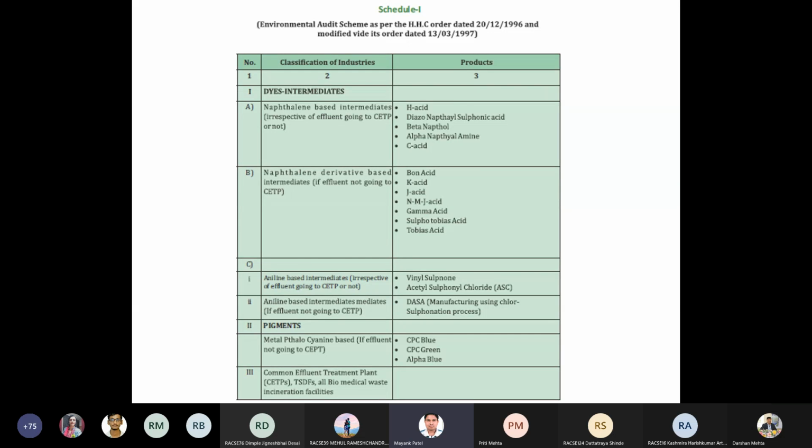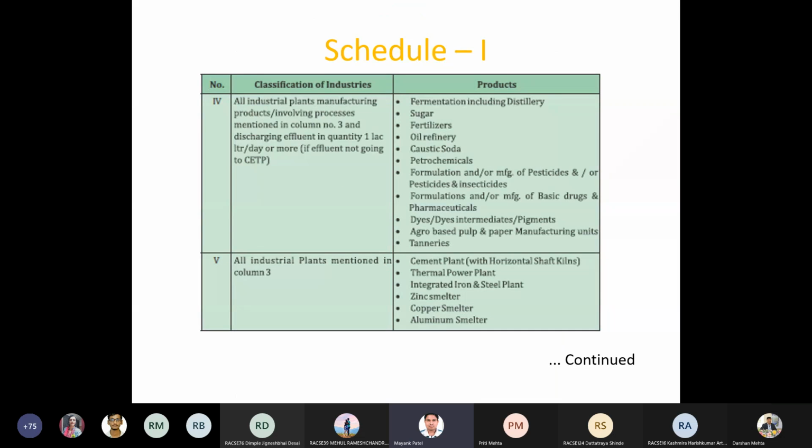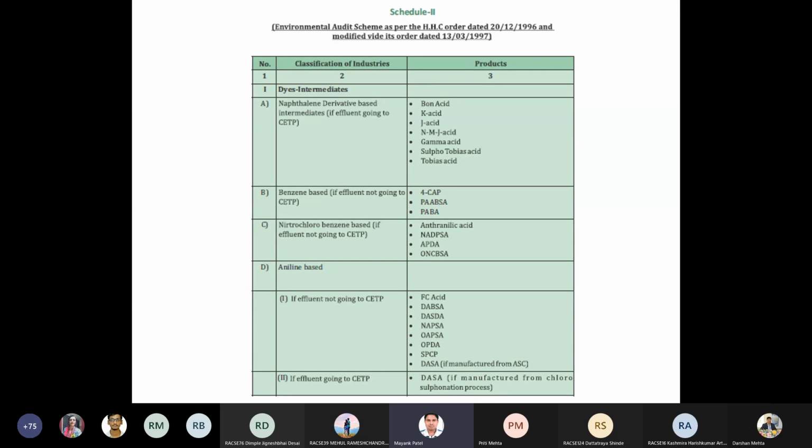So these are the list of various products that fall under Schedule 1. You can see that the major industries, which have relatively more pollution potential, fall under Schedule 1 companies, whereas the small companies are under Schedule 2 companies.